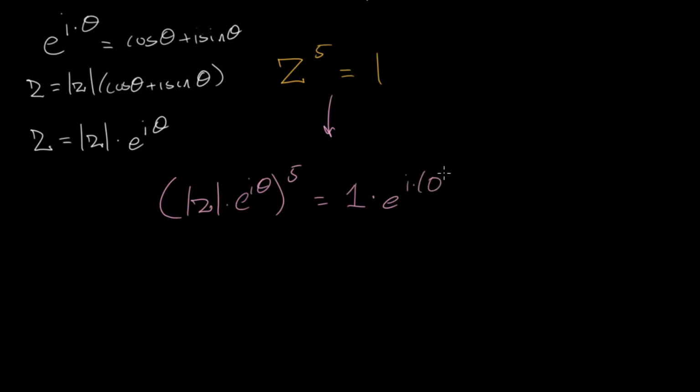But we need to be careful, because when representing a number on the complex plane, its angle could be written in multiples of 360 degrees or 2 pi. So for this angle of 0, if we add 360 degrees or 2 pi, we get back where we started.